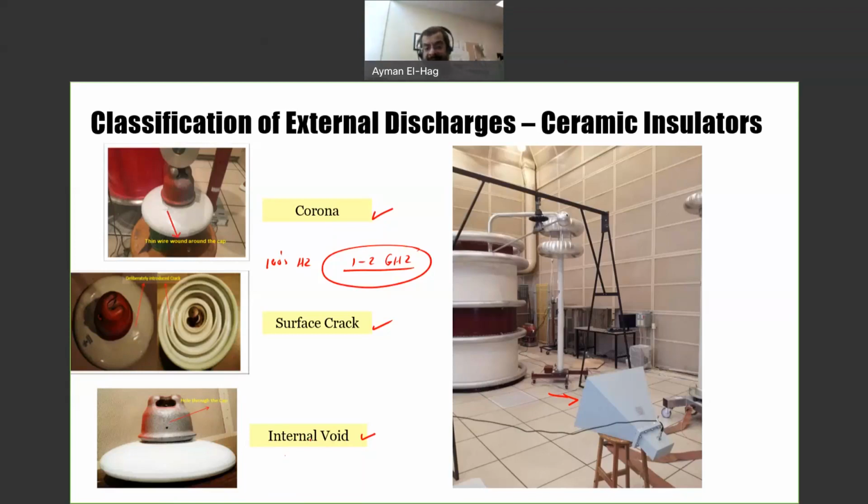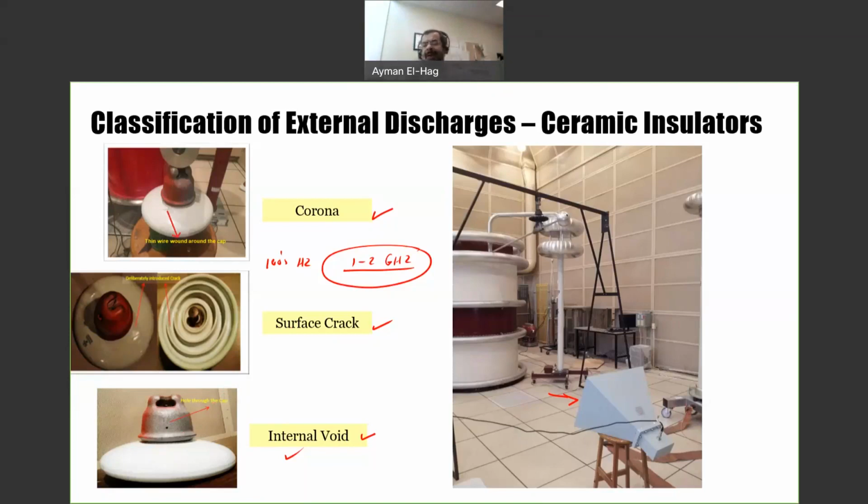However, we have here a different problem, which is the internal voids, and we did not use the ultrasonic sensor. Why? Because once you have an internal discharge, remember this discharge has to propagate outside. Now it will propagate in the form of an RF signal and in the form of an ultrasonic signal. So these two phenomena happen at the same time. Now, the ultrasonic signal has a problem: most of its energy will be absorbed by the solid dielectric.